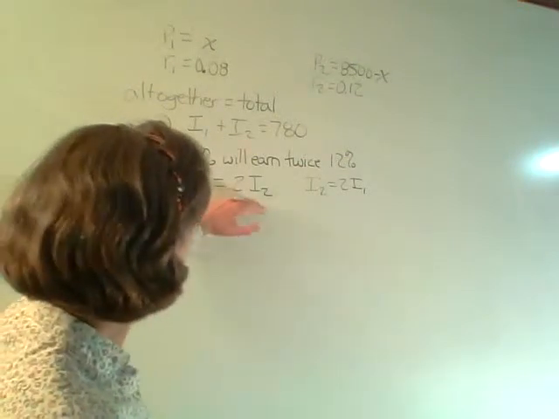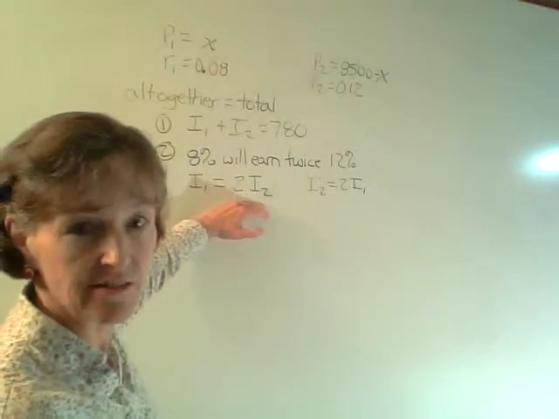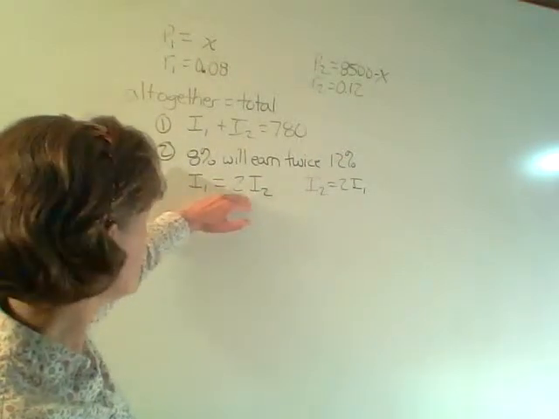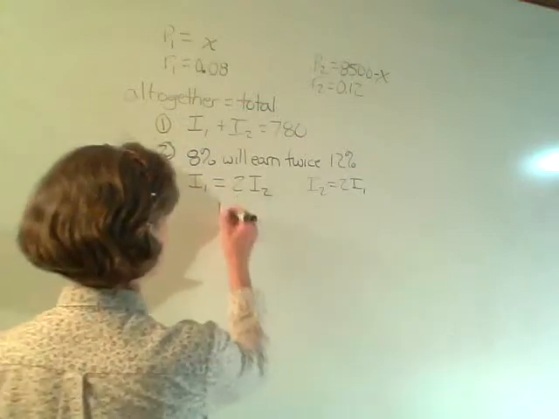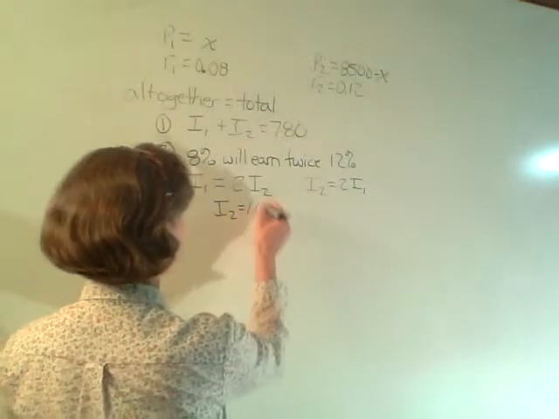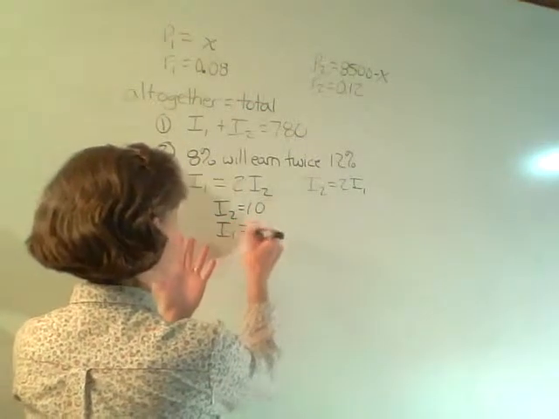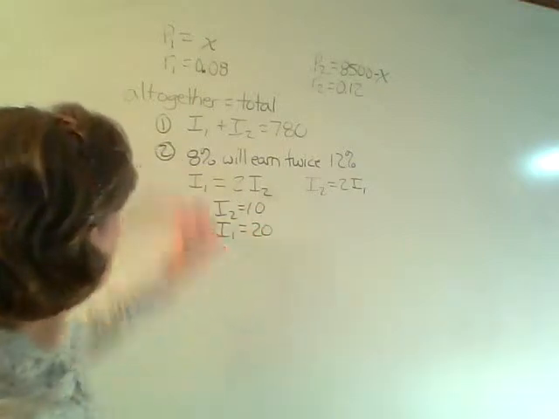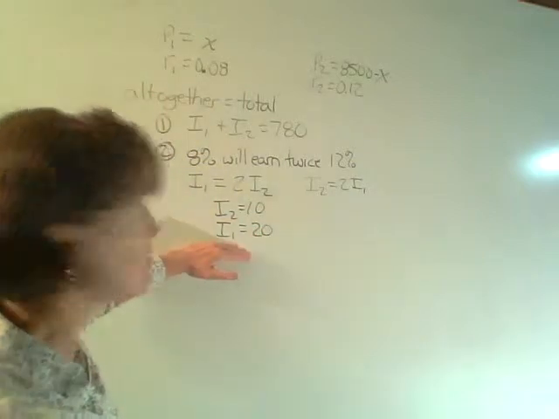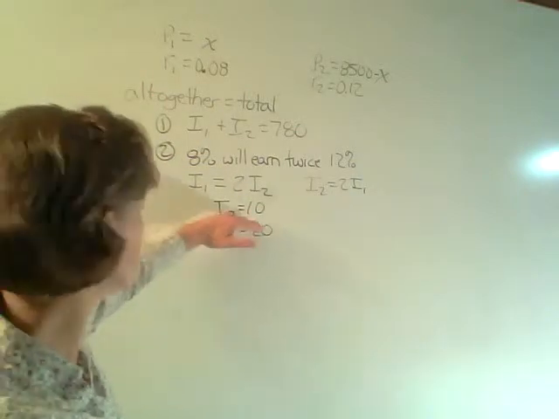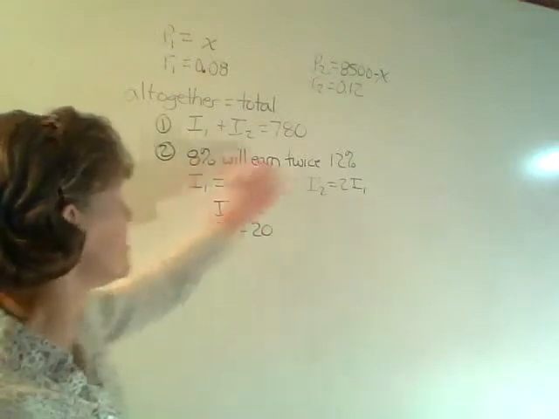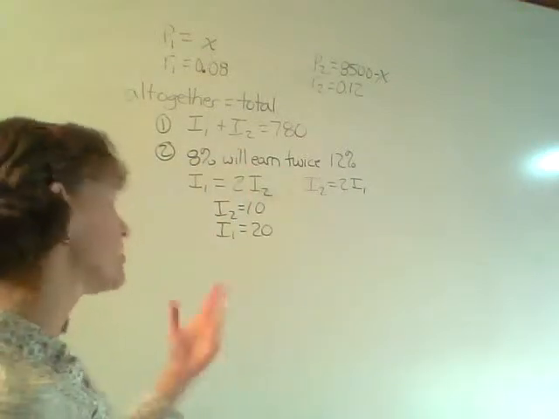For example, if we let I2 be 10 in this equation, then 10 times 2 is 20. So I2 would be 10, which would make I1 equal to 20. That means that the 8% account is earning more money than the 12% account. And sure enough, that's what the statement says, so I know this is correct.